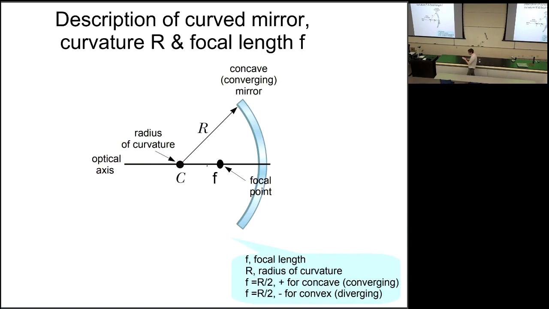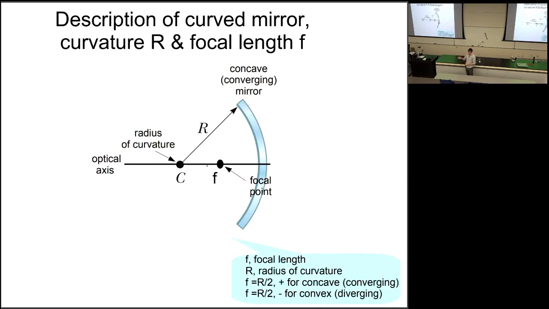So again, the focal length and the radius of curvature describe the personality of the curved mirror. There's two poles, like introversion, extroversion, like neurotic, not neurotic. Right? There's two poles to curved mirrors. They can be convex, concave.